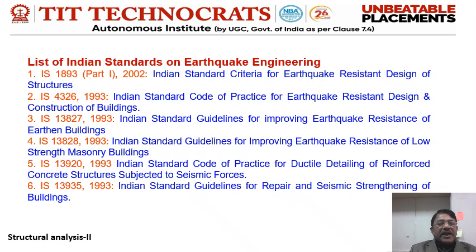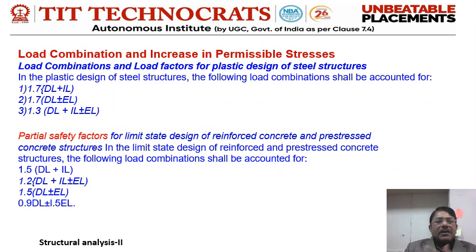You can take a copy from the Bureau of Indian Standards, and you should have all these codes with you so that you understand the proper procedure to be followed during the design of a high-rise building. Some of the important parameters while designing I have discussed here.